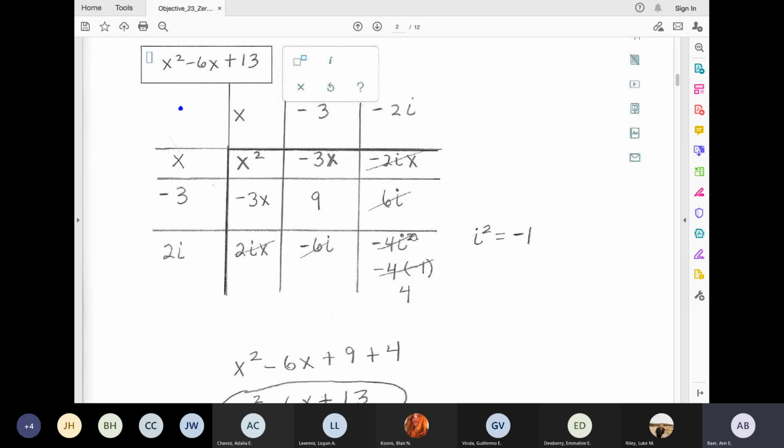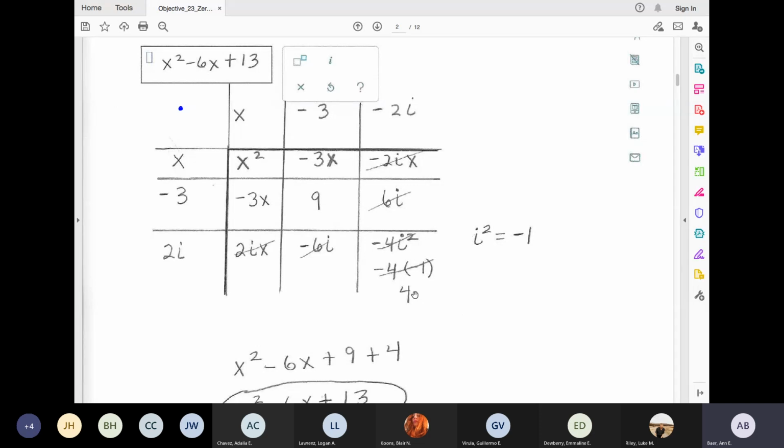So I took out i squared, replaced it by -1. Now this -4 got copied down. So we have -4 times -1, which is +4. So really what we have in this last box here is the number 4.